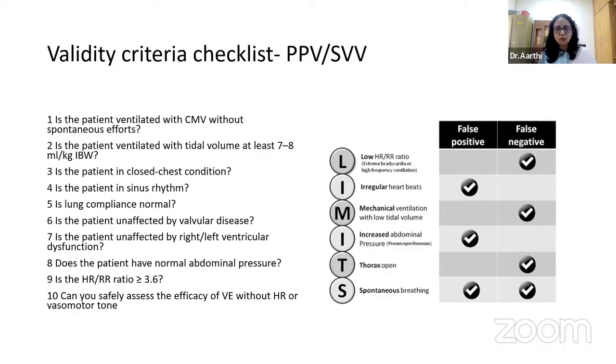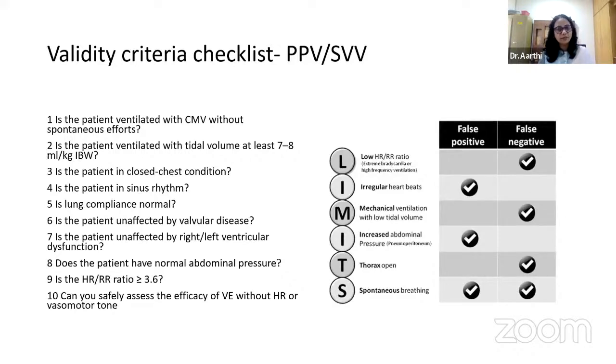In certain situations, such as extreme tachycardia or extreme bradycardia and high frequency ventilation, the pulse pressure variations may be falsely negative. In irregular heartbeats like atrial fibrillation, the pulse pressure variation might be falsely positive. When patients are ventilated with low tidal volumes, as in ARDS, that might also give us falsely negative values.